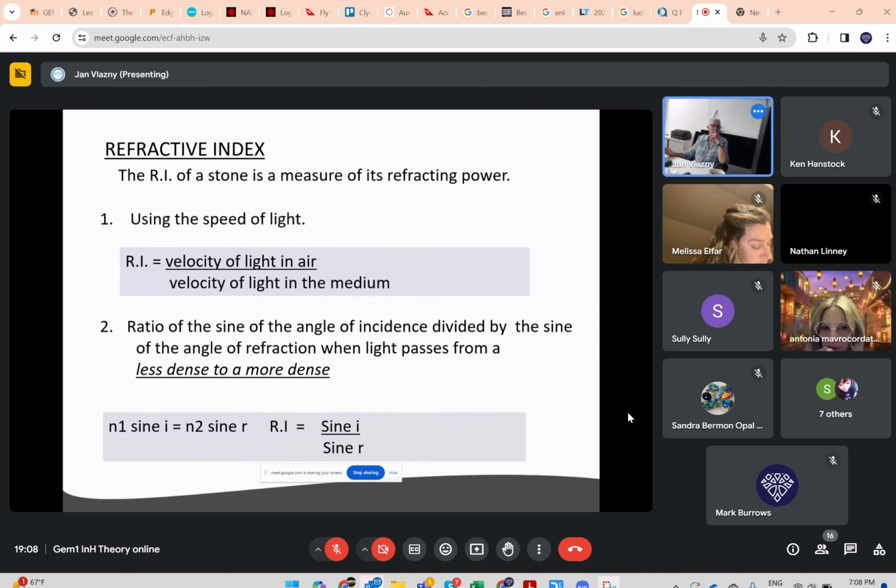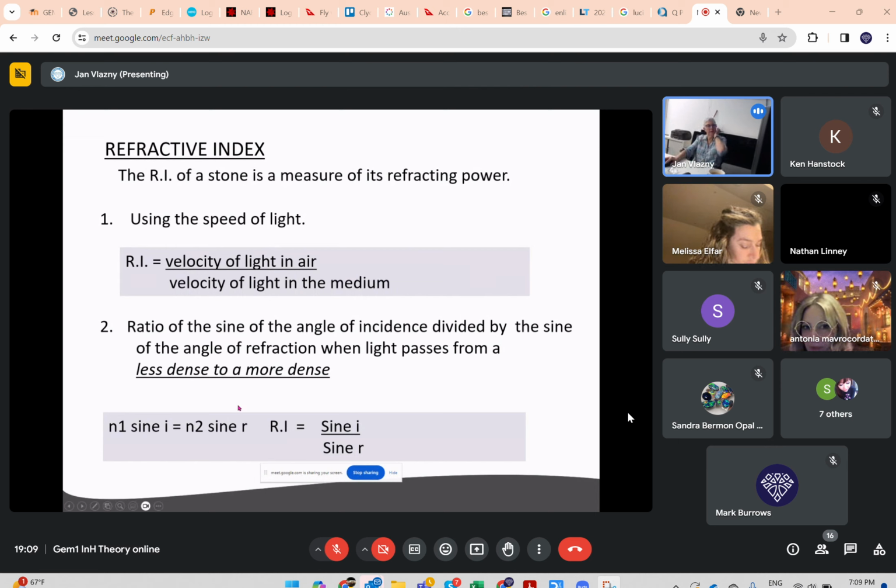So, if we're going to talk about it slowing down, the RI is going to be the velocity of light in air divided by the velocity of the light in the gemstone or whatever. So we talk about the velocity of light in air as really 1. Everything else is more dense, so every refractive index is going to be greater than 1. It has to be, doesn't it?